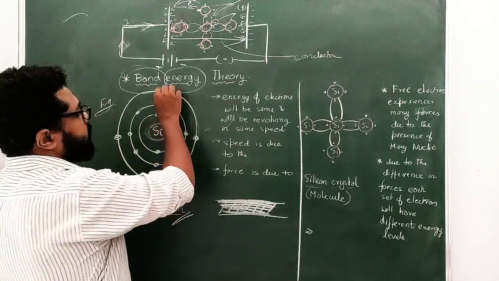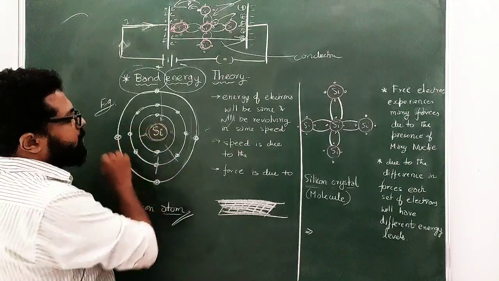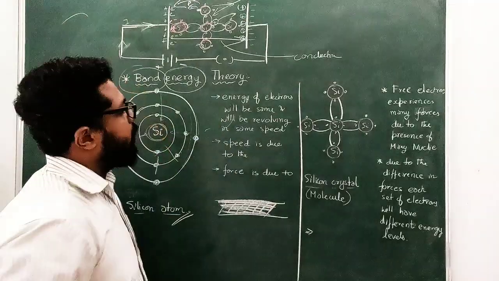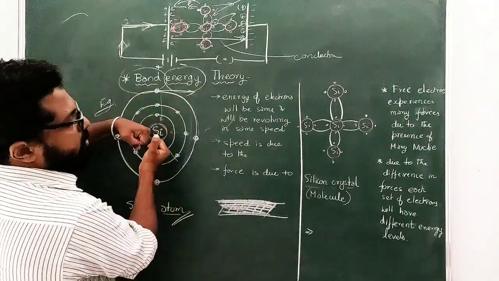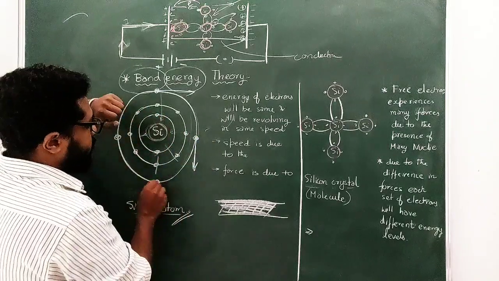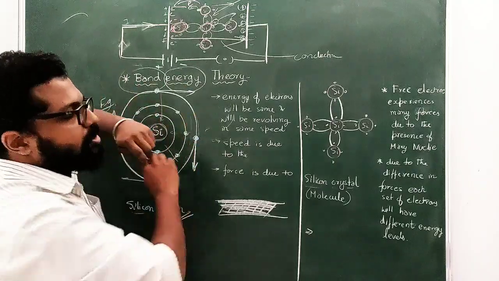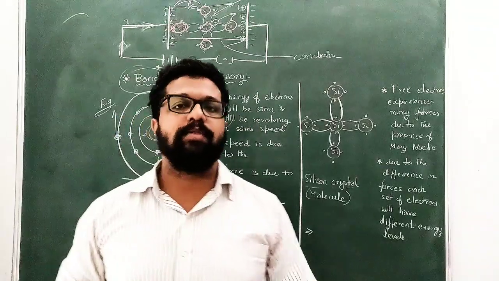Even though they want to go out, they will be pulled towards the center. That's how a circular motion is kept intact by a nucleus.